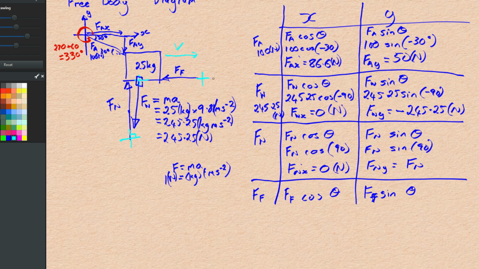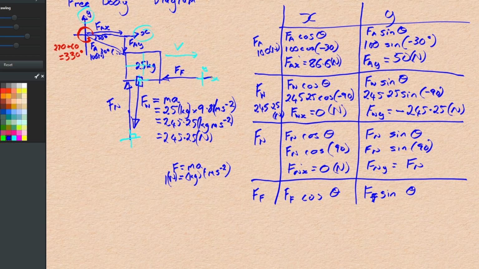The angle of the friction force. Draw my little axes here with x and y. As long as you've got x and y on one set of your axes, like here and here, you should be alright, because that should be representative of everywhere on the diagram. Usually that should be centered on your mass in the center. I forgot about it until a bit later, so it ended up off to the side.